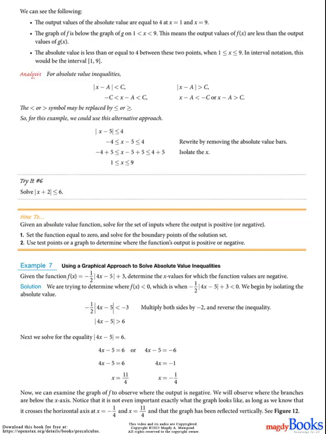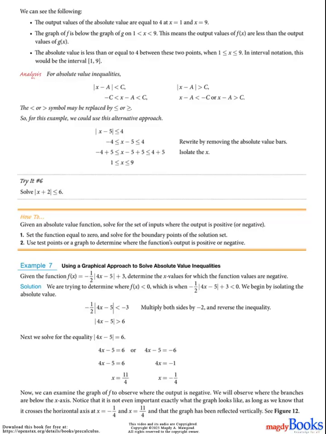We are trying to determine where f(x) is less than 0, which is when negative 1/2 times the absolute value of 4x minus 5, plus 3, is less than 0. We begin by isolating the absolute value. Negative 1/2 times the absolute value of 4x minus 5 is less than negative 3.